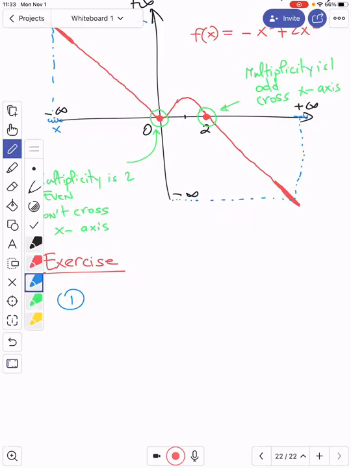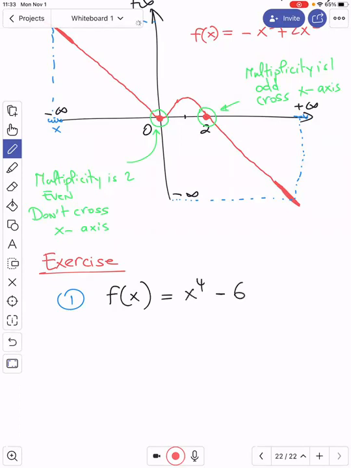Number 1, f of x is equal to x fourth minus 6x cubed plus 9x squared.